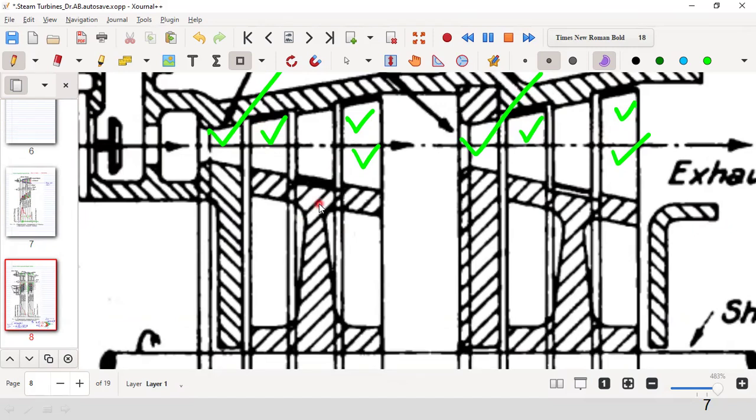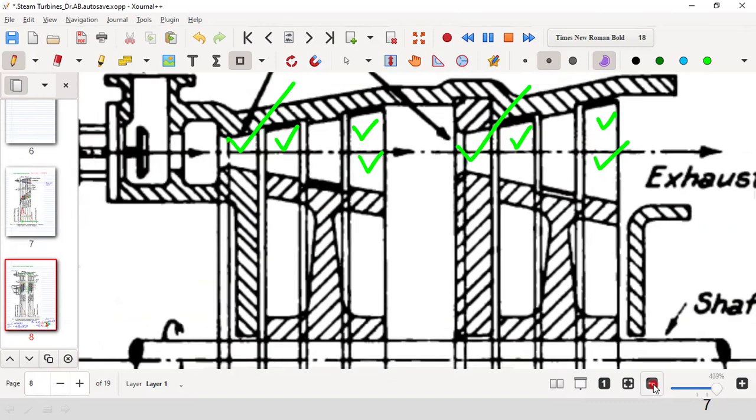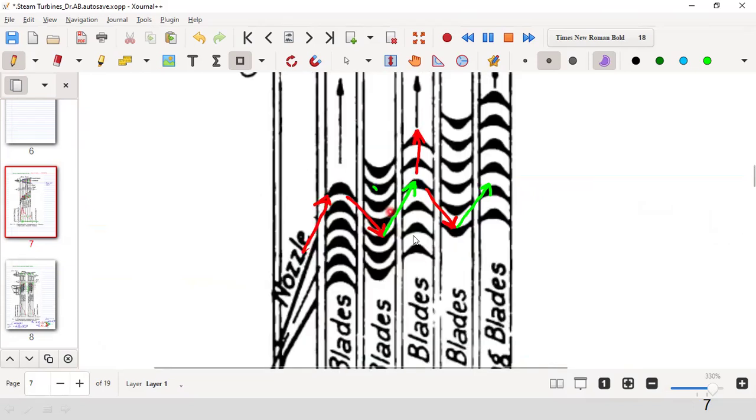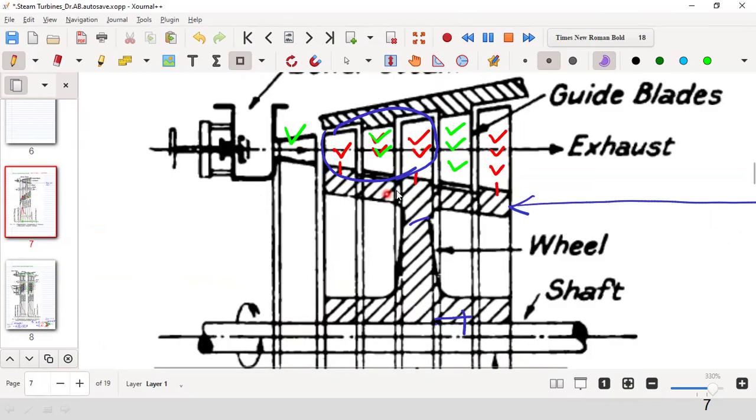Now in case of a single row wheel, on the wheel there is only one row of blades, and that is all. That is the meaning of single row wheel. So this is a 2 row wheel, and in case of the actual velocity compounded impulse turbine that we have studied, this is a 3 row wheel.